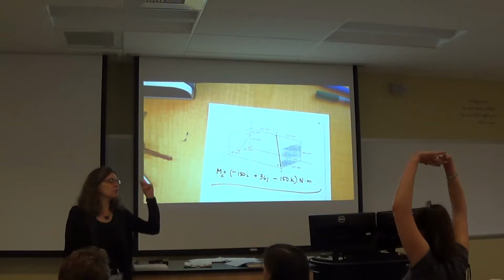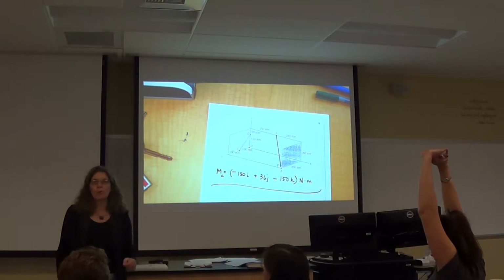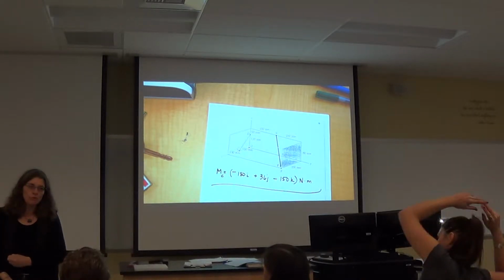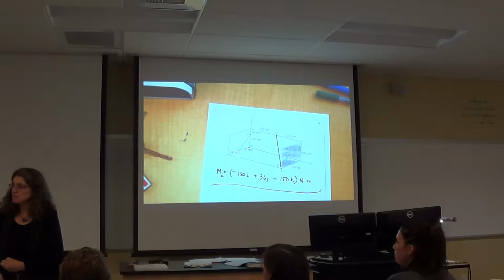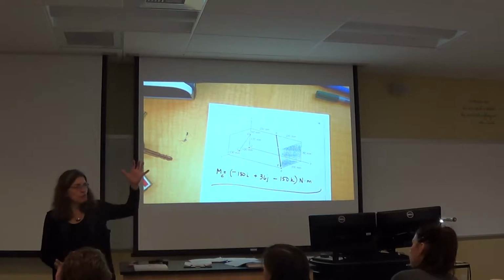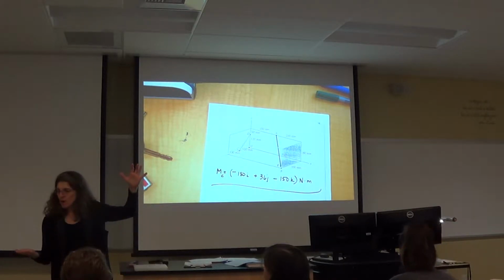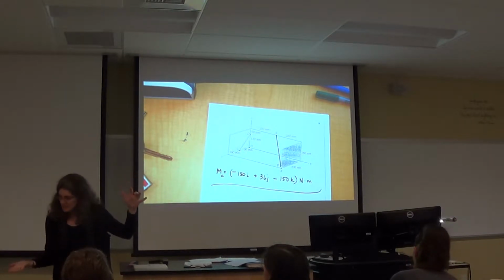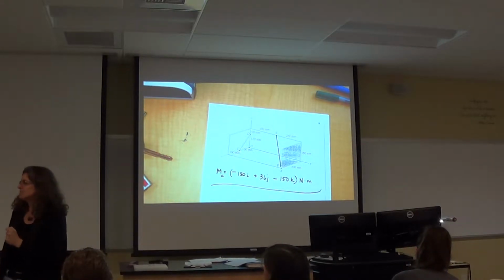You are not going to want to sit down and write out an R vector and write out the force vector and then do a cross product. It's too mathy. You want to just be able to visualize it and say, okay, this force is going this way. Here's the bar I'm trying to find the moment about. I'm going to say R times the perpendicular distance, and I'm going to get a value like that.